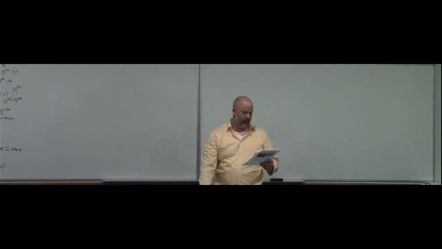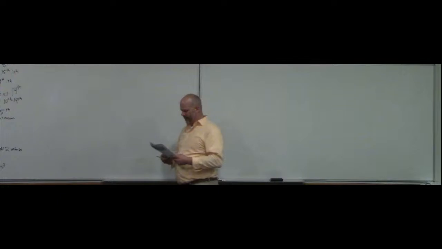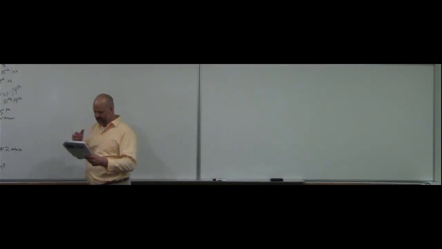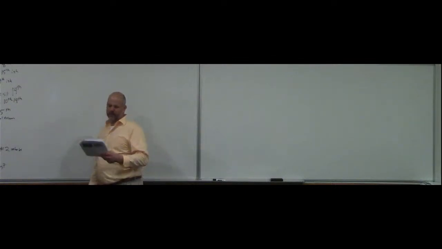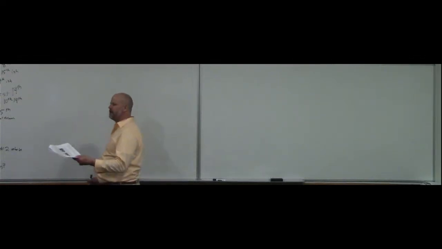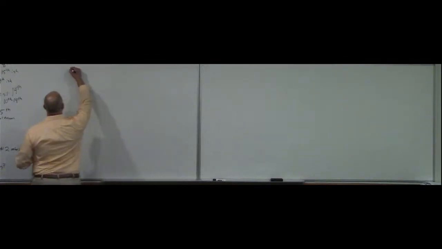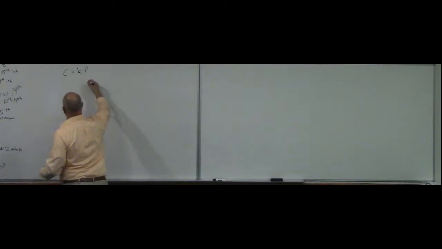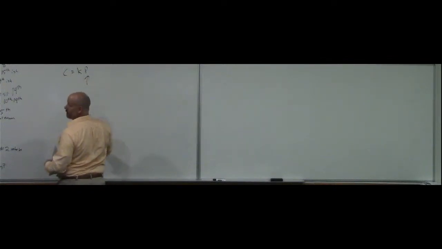Deviations from Henry's law are observed when a chemical reaction takes place between the gaseous solute and the solvent. For example, the solubility of ammonia in water increases more rapidly with increasing pressure than predicted by the law. So Henry's law, C equals Kp, tells me that if I increase pressure, my concentration should increase proportionally.